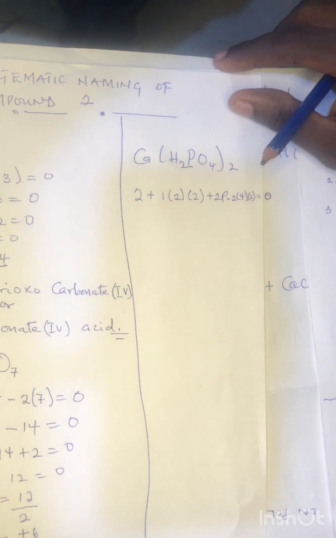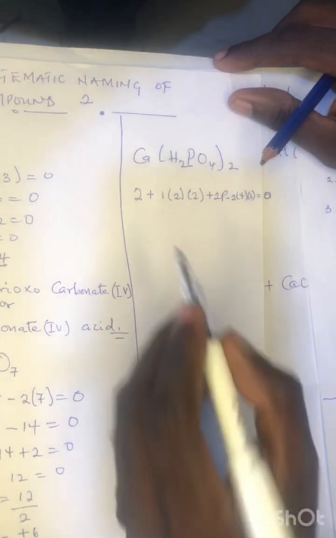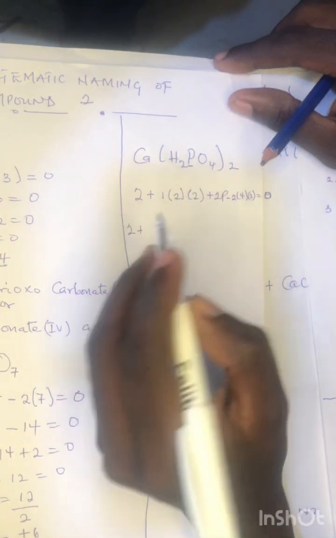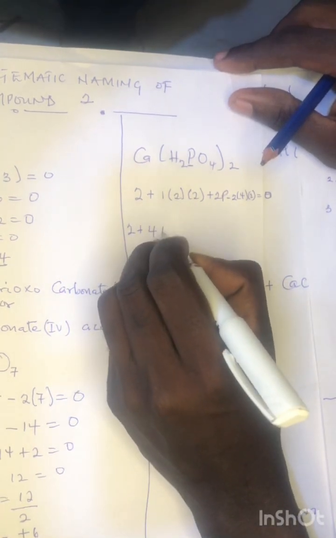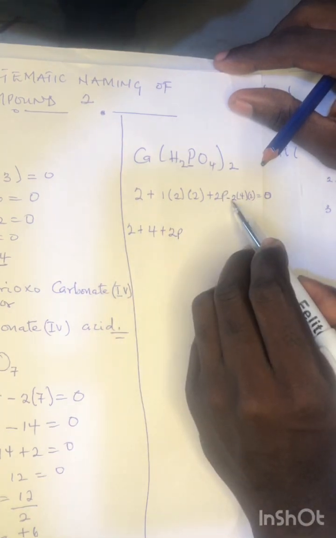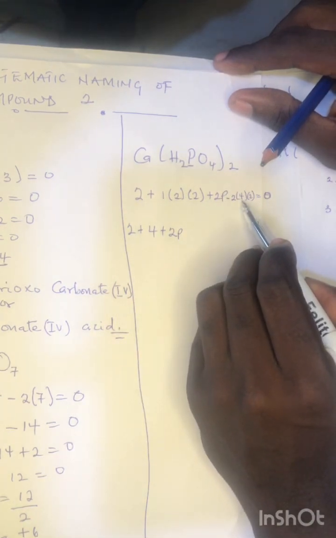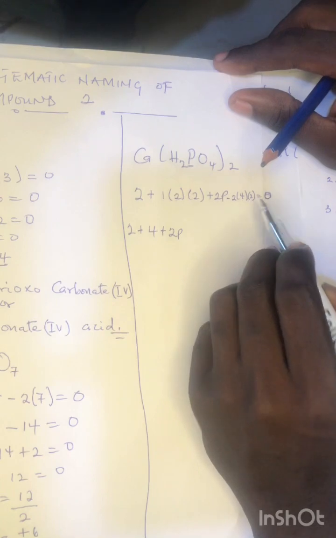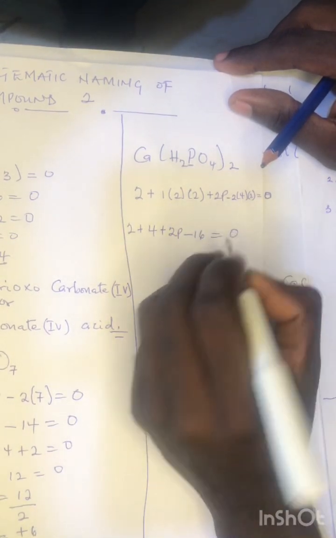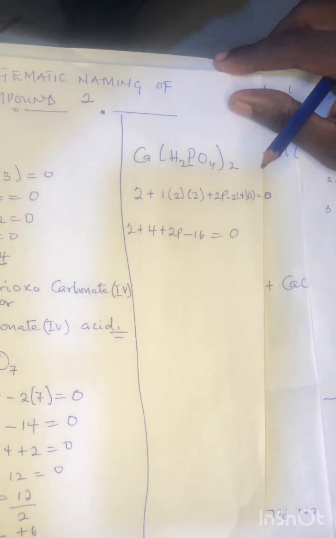So this is 2 plus 1 times 2 times 2 will give us 4. Then we come to plus 2P. Now negative 2 times 4 will give us negative 8. Negative 8 times 2 will give us negative 16, equal to 0. I guess you are following.